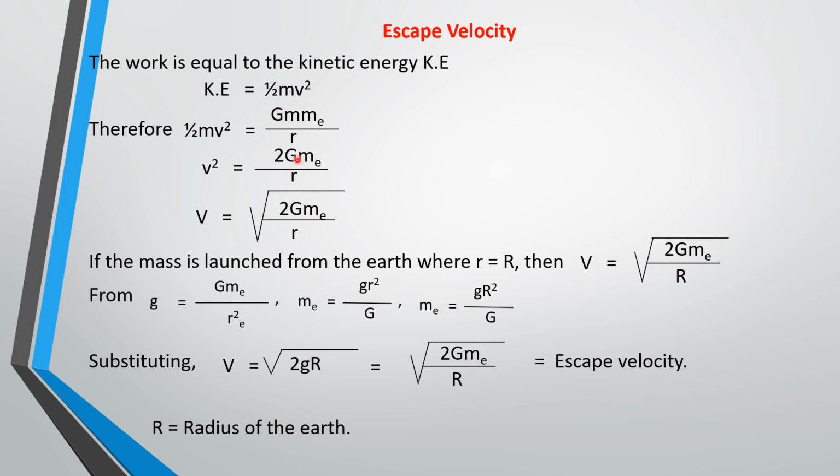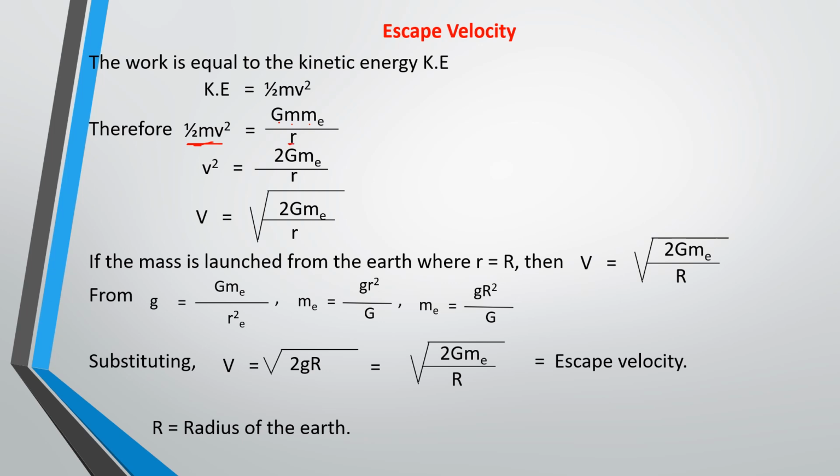This is what you will now have: kinetic energy is equal to the universal constant multiplied by the mass of the object and the mass of the Earth, divided by r. This is the equation we just got previously, right?